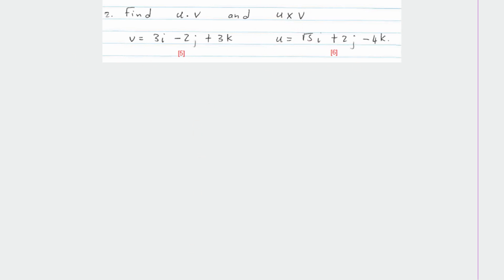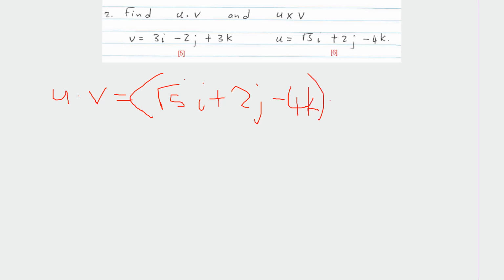Okay, so when we find the scalar product, we say vector u multiplied by vector v. Let me just write it in a good way. So u is equal to square root of 5i plus 2j minus 4k.